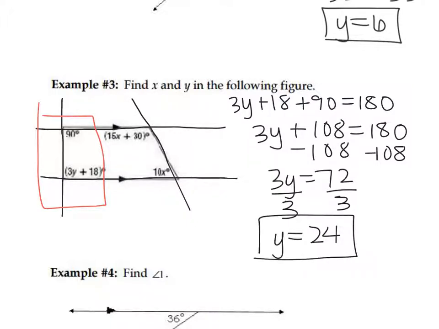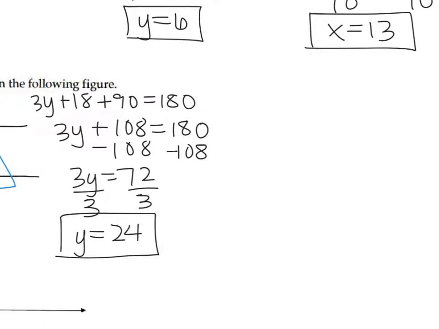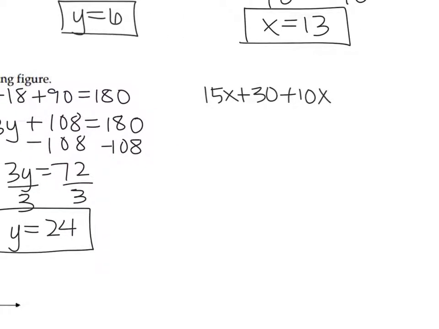Now we want to solve for x using its transversal. So again, 15x plus 30 and 10x are consecutive interior angles, which means they are also supplementary. So we know 15x plus 30 plus 10x is going to equal 180.